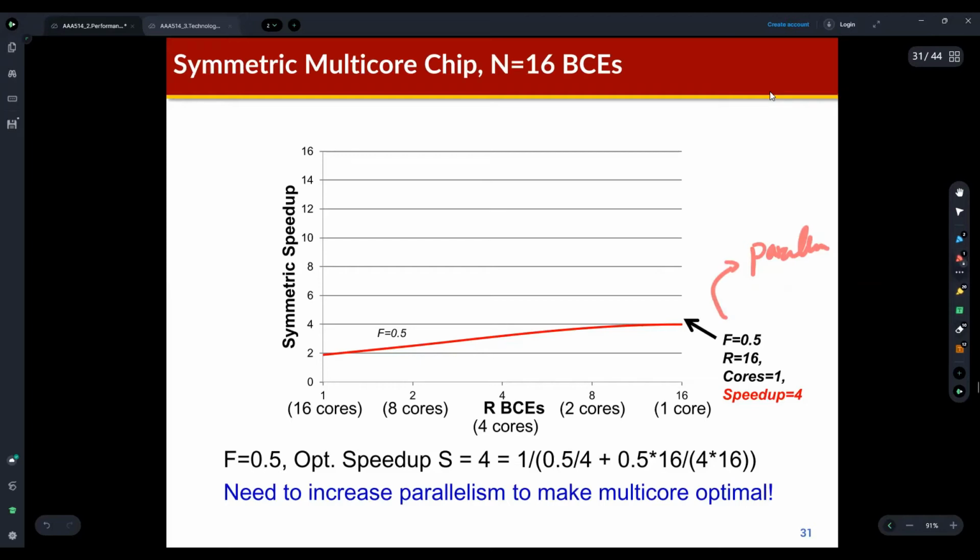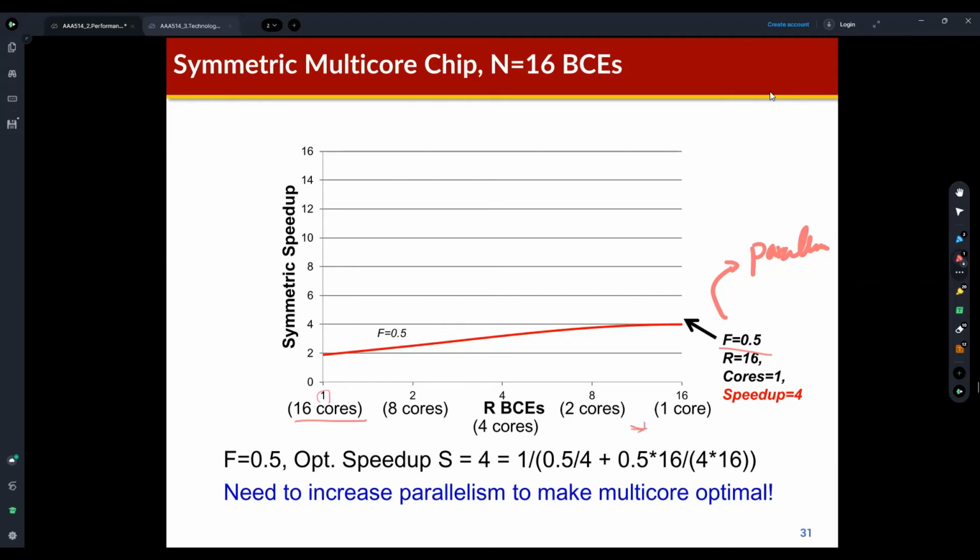If F is just 0.5, which means only half of the workload can be parallelized, this is the speedup by number of cores. If we use 1 BCE cores, we can include 16 cores, and so on, 2, 8. It's very simple.